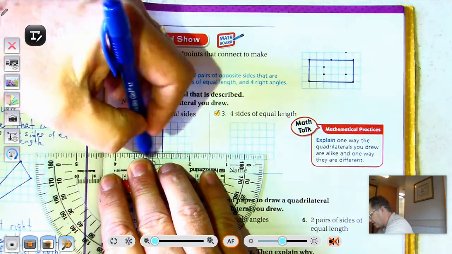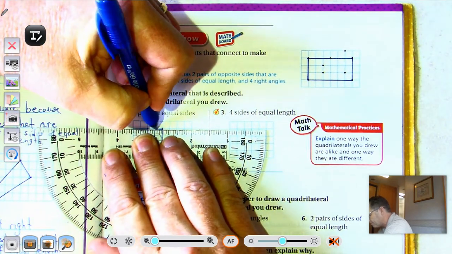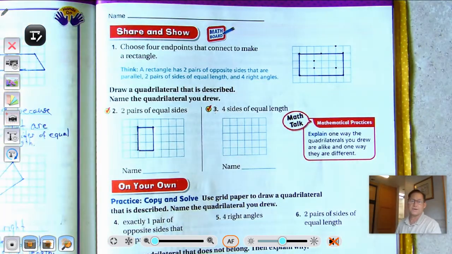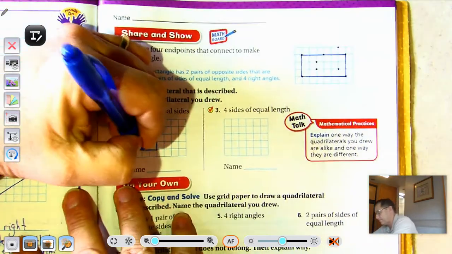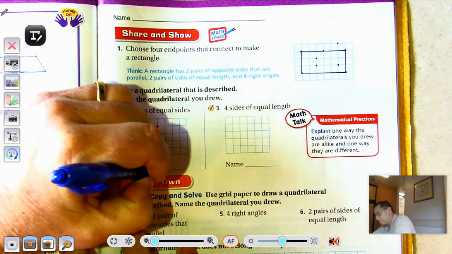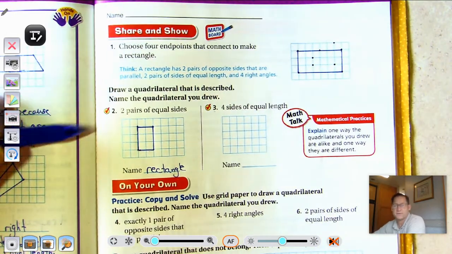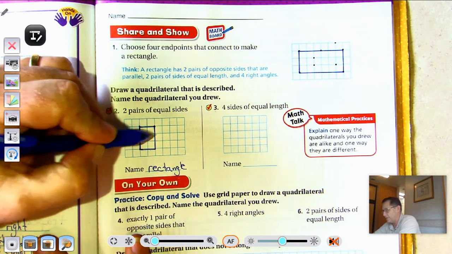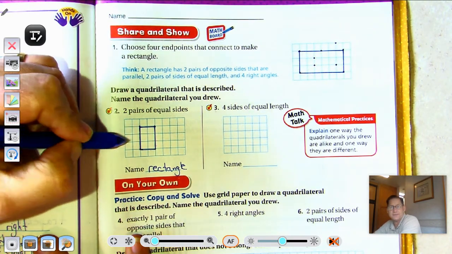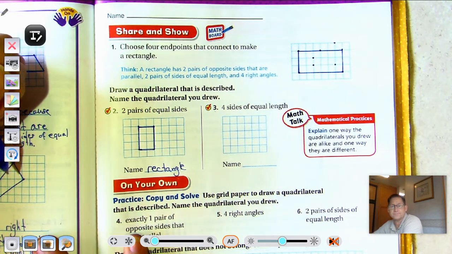It could be a rhombus. But I drew a rectangle. The 2 pairs of equal sides, 1, 2, 3, 1, 2, 3. So the left and right are of equal length, and the top and bottom are of equal length.